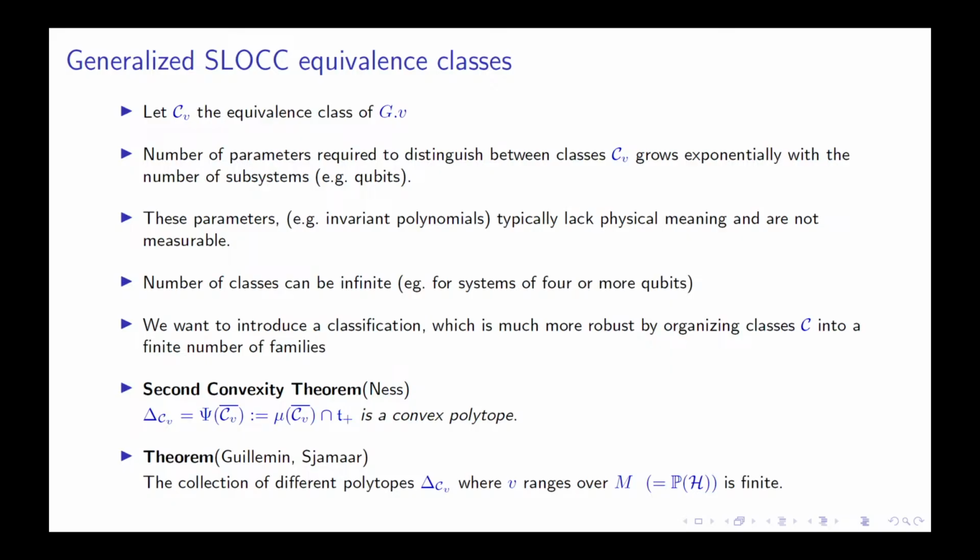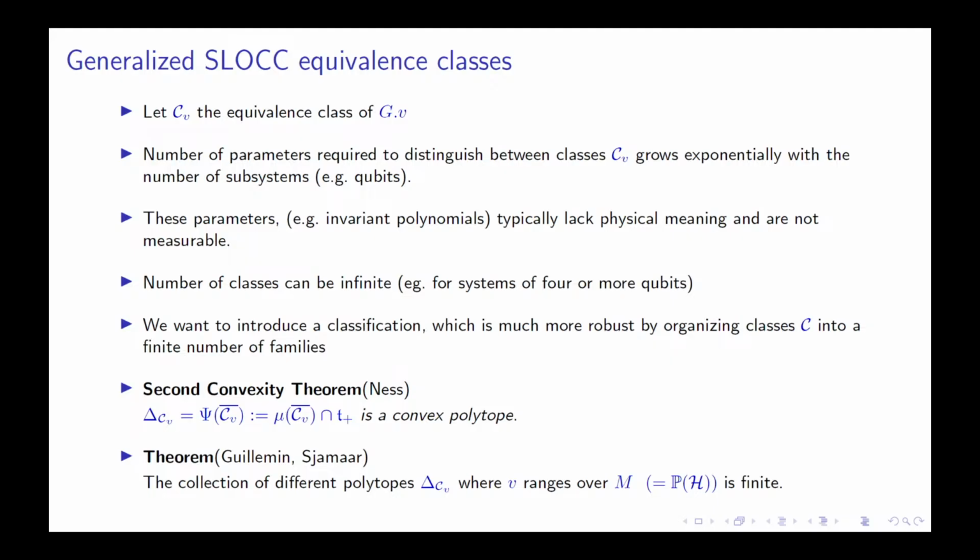To this end, we use something which is usually called the second convexity theorem: that the intersection of the momentum map of the closure of such a class of equivalence, intersected with the positive Weyl chamber of the Lie algebra, is also a convex polytope.